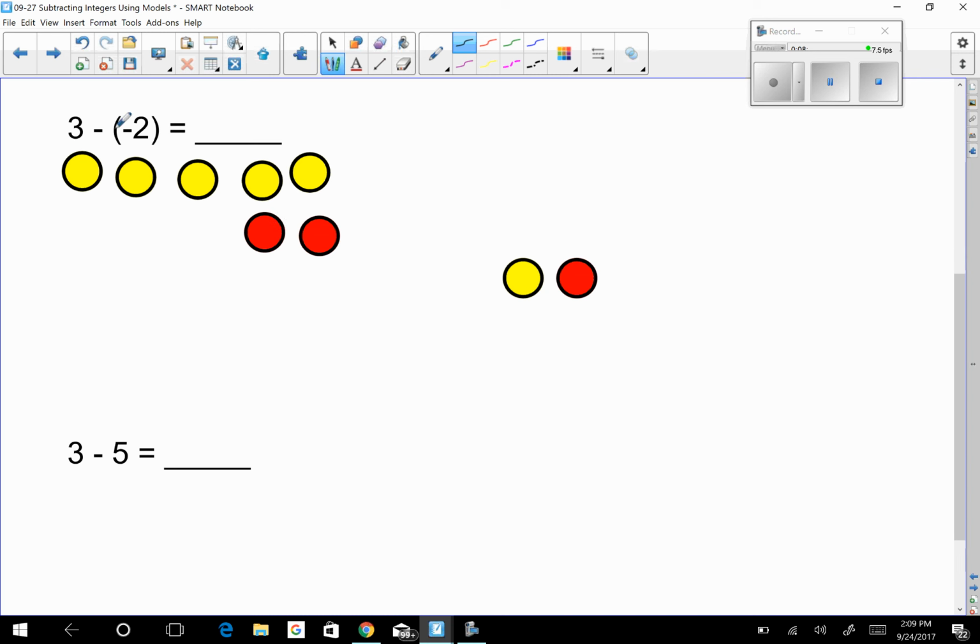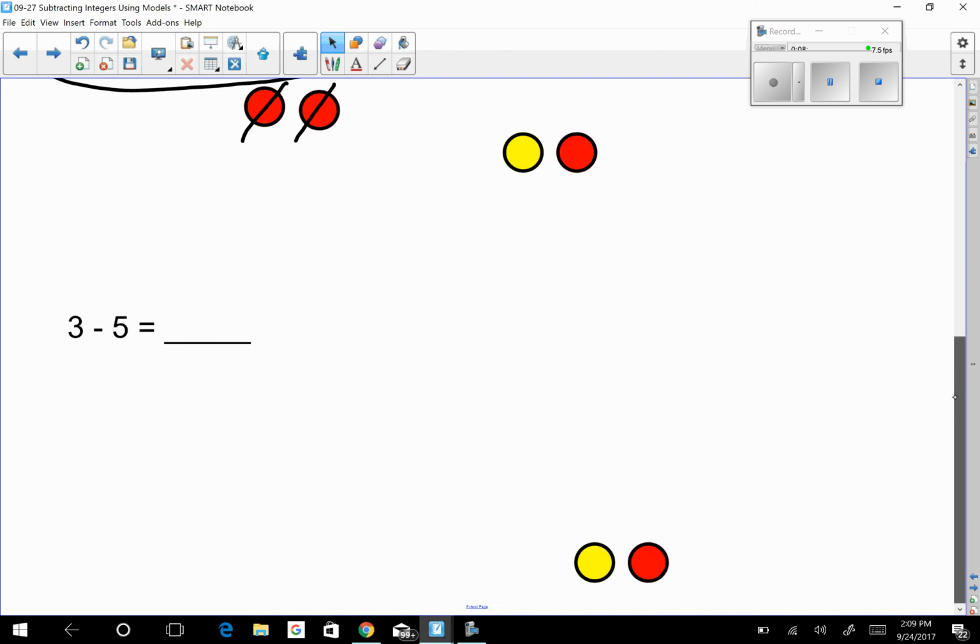Now I can take away these 2 negatives. What do we have left over? 5 positives. So 3 take away -2 is +5. Final example.